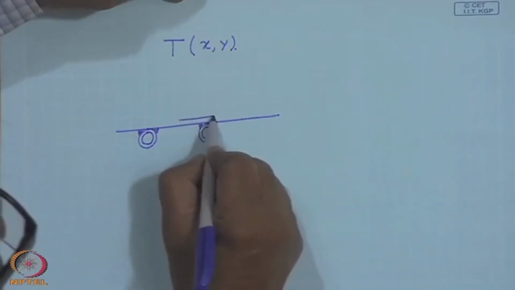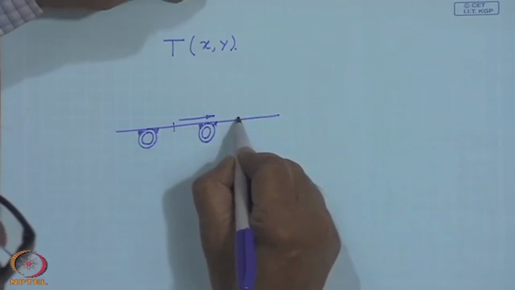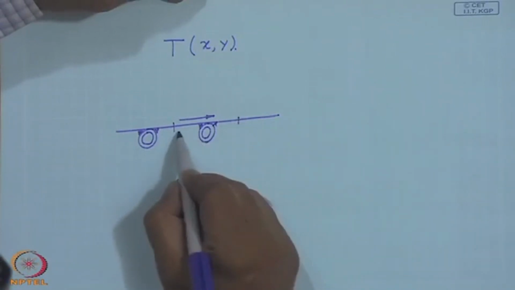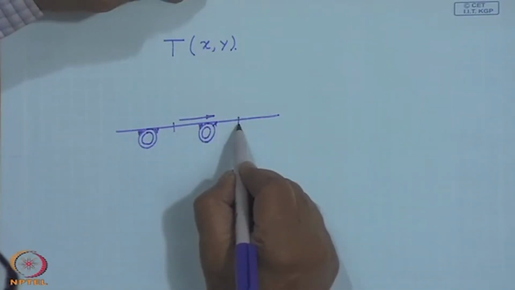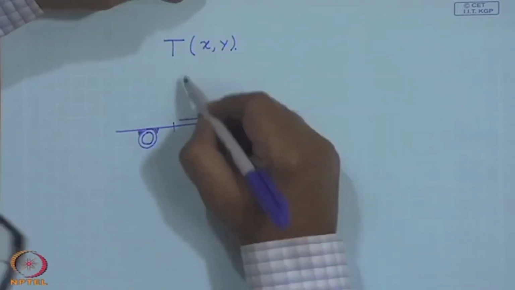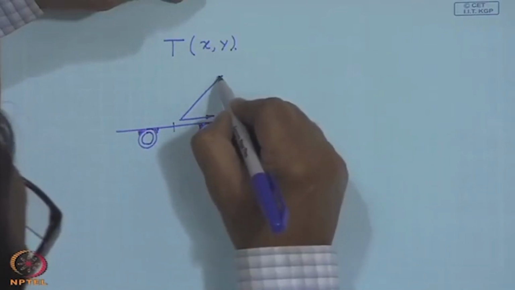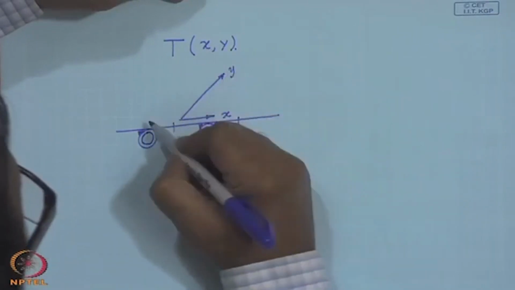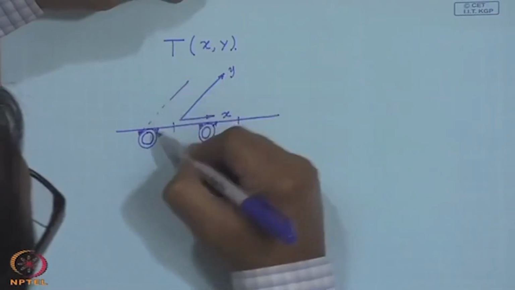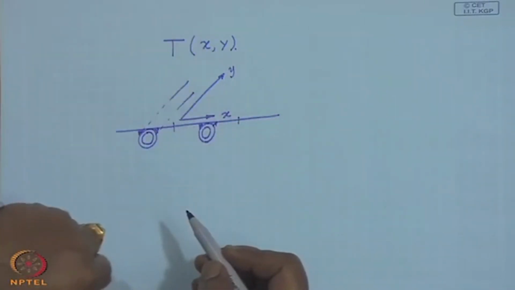Now, if I call this x, the type of elements something like this, half a fin to the left and half a fin to the right of a tube is a repetitive element. So, this may be called x direction and this may be called y direction, where you have these tubes running perpendicular to the plane as we have shown here.